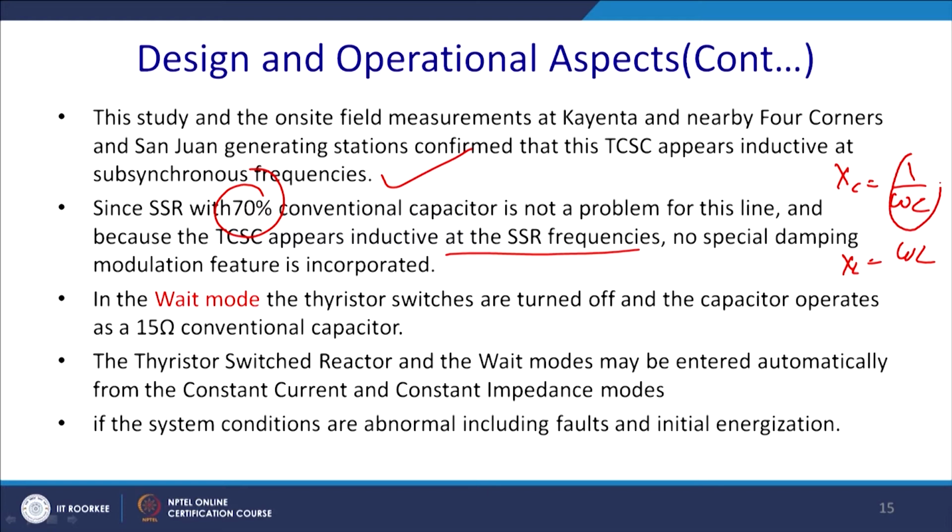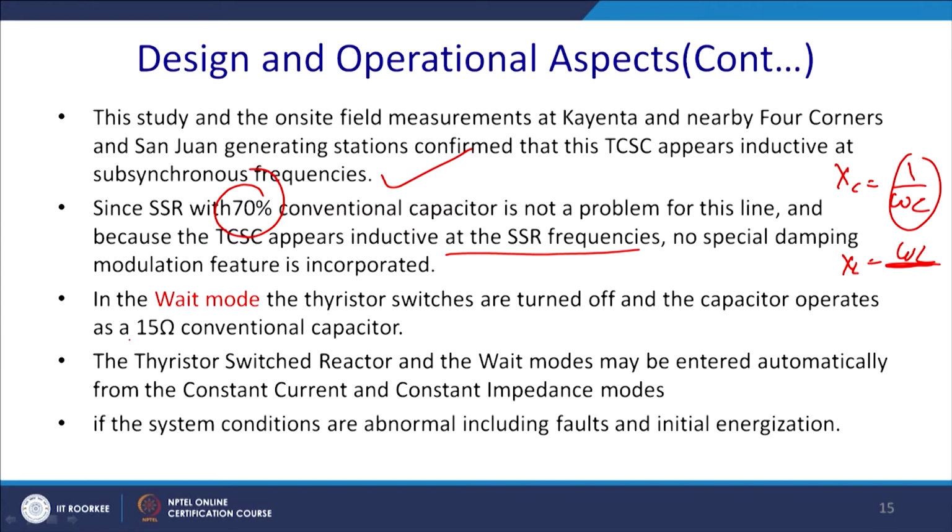XC is increased and XL is decreased. Essentially at a lower frequency, the 70% series capacitors will offer huge impedance, and it will not cause much problem in the line, right.